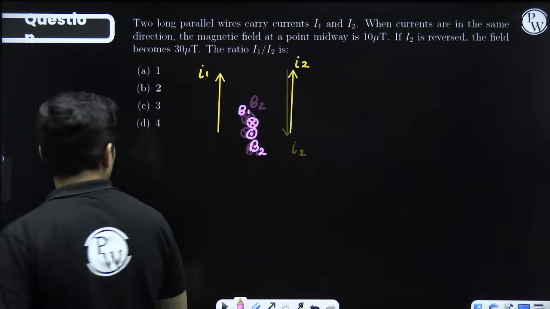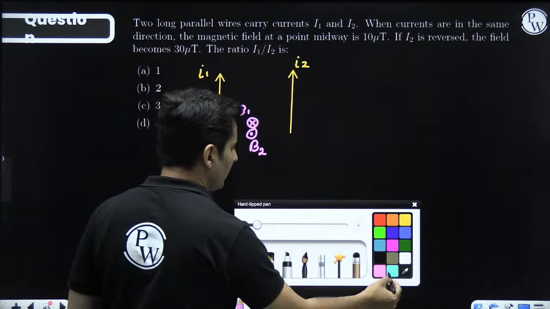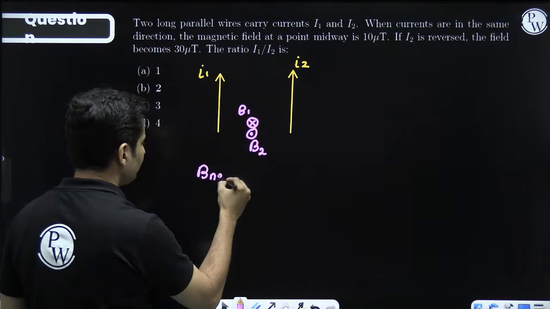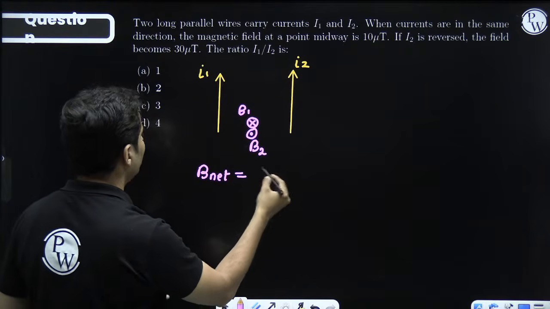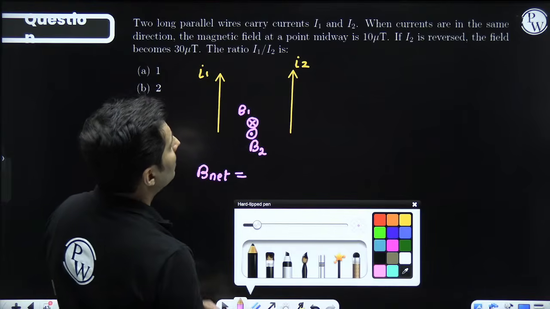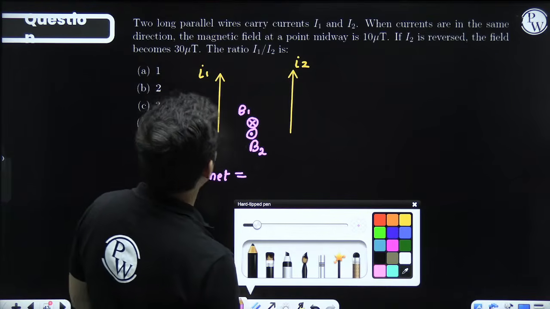Correct? Okay, perfect. So let's try to figure out in the first scenario, what is my net field? B net will be B1 minus B2. I don't know who is more, who is less, but I just know they are in the middle, right?